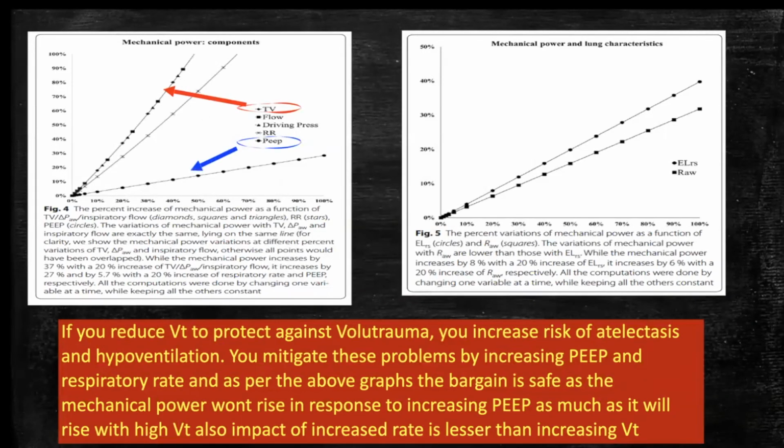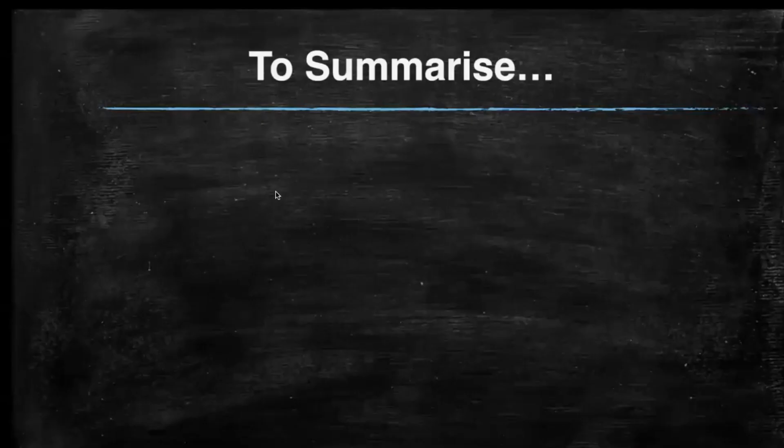The bargain is that reducing tidal volume will reduce mechanical power much more, and increasing the PEEP will counter atelectatic trauma, but it will not increase the mechanical power that much. And that's how a low tidal volume and high PEEP strategy will work in patients with ARDS. So mathematically, from the mechanical power equation, you can explain a few things in this manner.